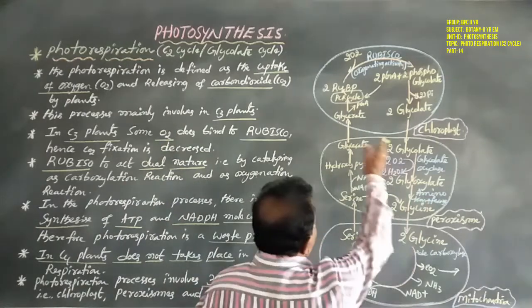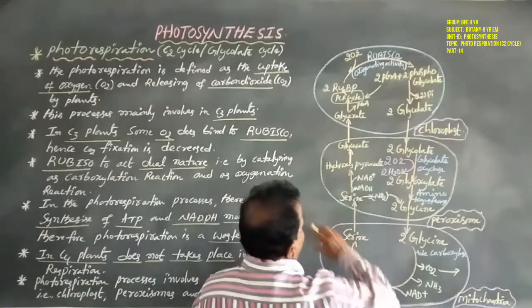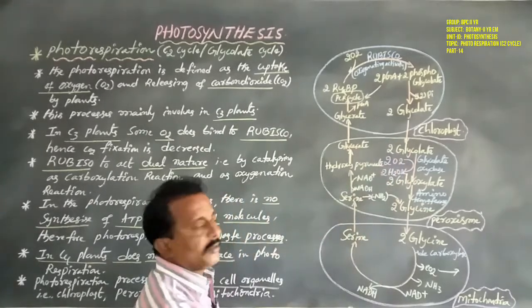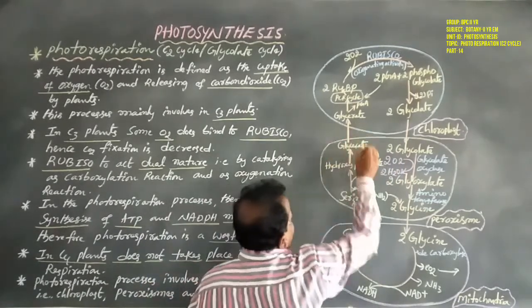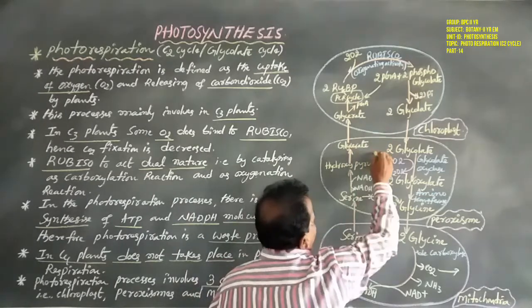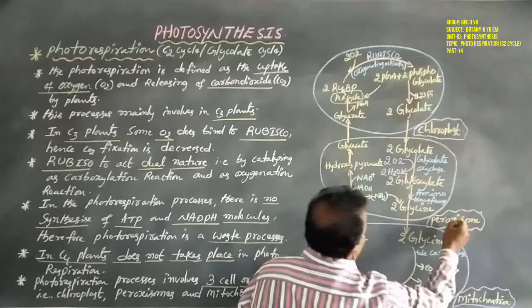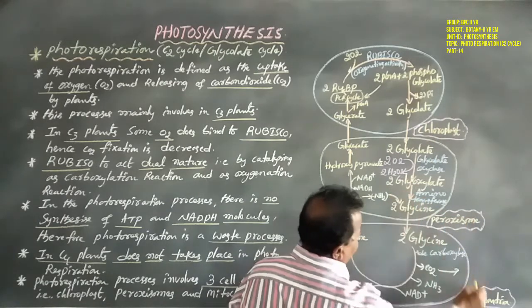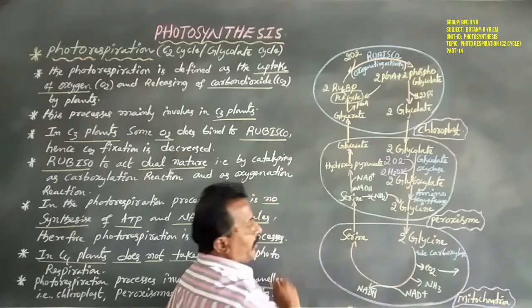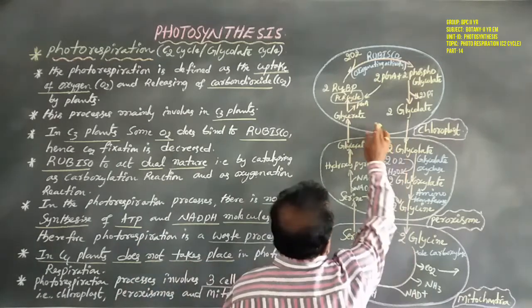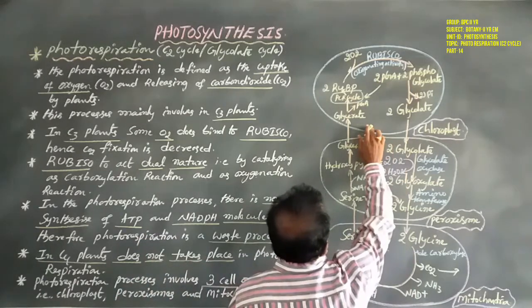Next, coming to the photorespiration process, or C2 cycle, or glycolate cycle. Photorespiration involves three cell organelles. This is a chloroplast, this is a peroxisome, and this is a mitochondrion.